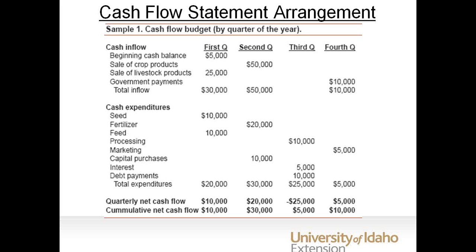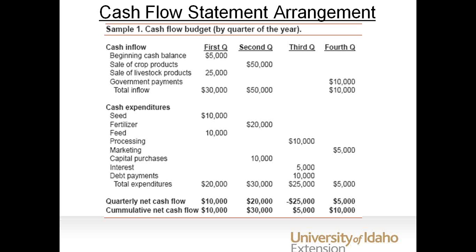This is what a cash flow statement looks like. Cash flow statements are a different set of numbers than the numbers in the income statement. It looks the same because you have income and expense categories, but it's all cash that comes into the farm. So it includes loans from Uncle John or loans from the bank.